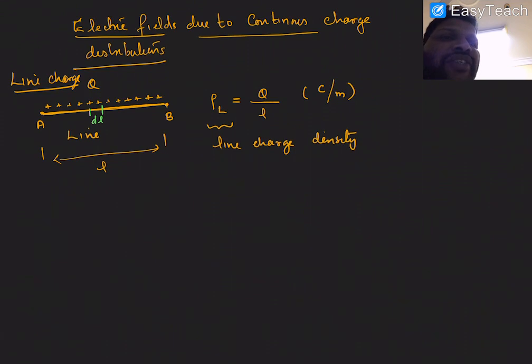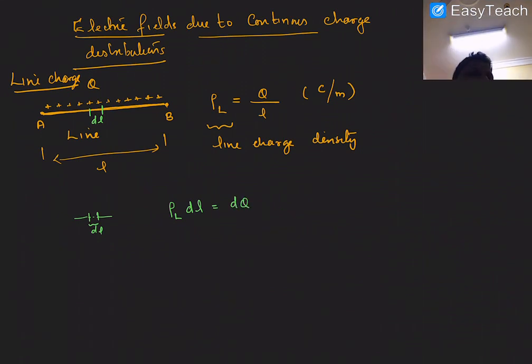Then the charge which is distributed over this dl: how much will it be? You know the line charge density, that means the charge per unit length, is rho L. If you multiply this with dl, you will get the charge distributed, which is known as dq, the differential charge distributed over this differential length dl.